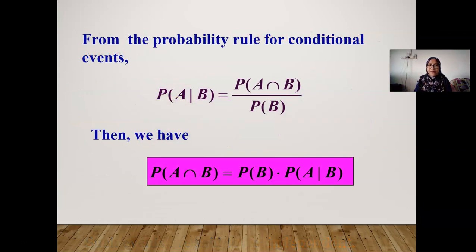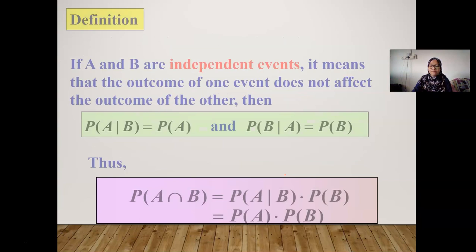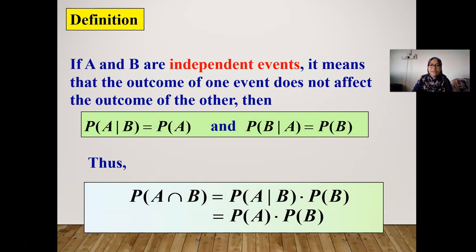Another example of independent. From the probability rule for conditional event, this is coming from the previous 10.4. So P(A given B) equals P(A intersect B) over P(B), where you can rearrange it, you bring it here, and then it will be multiplication. So if A and B are independent events, it means that the outcome of one does not affect the outcome of the other.